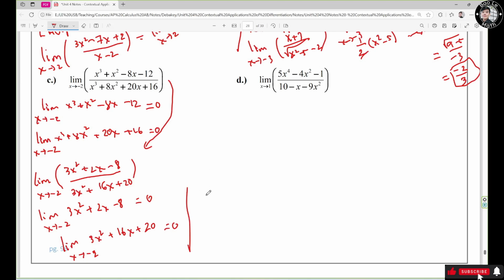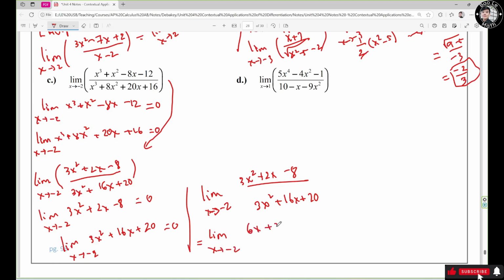So we have the limit of (3s squared plus 2s minus 8) over (3s squared plus 16s plus 20) as s approaches negative 2. Taking the derivative, it could be (6s plus 2) over (6s plus 16), so the answer is negative 5 over 2.